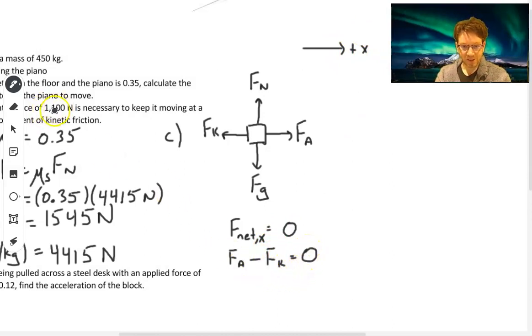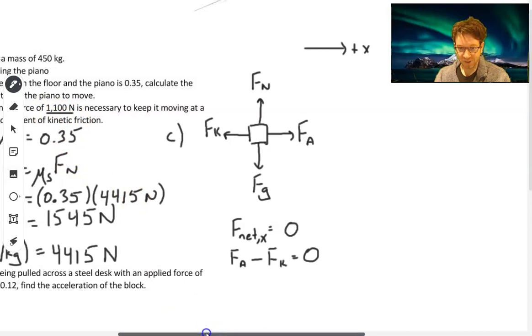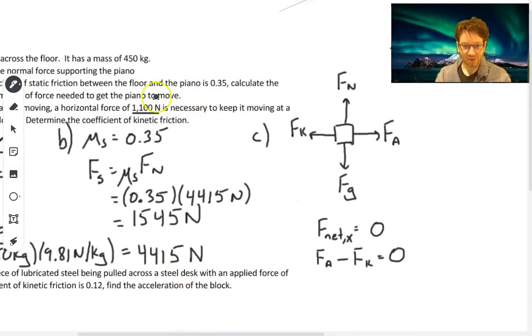Now it says the applied force necessary to keep it moving at constant velocity is 1100 newtons, and we need to solve for that coefficient of kinetic friction. So we know the applied force. So if we rearrange this equation, we get Fk equals Fa. But we're not trying to solve for Fk, we're trying to solve for the coefficient.